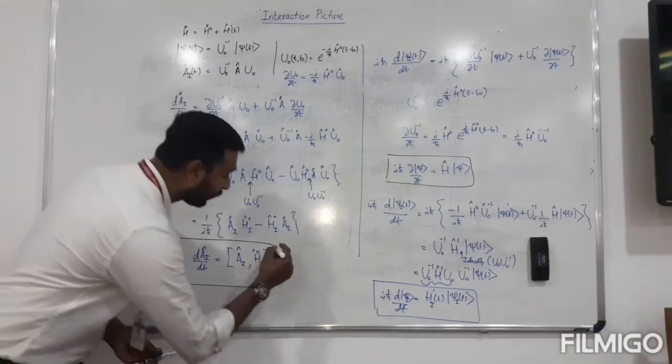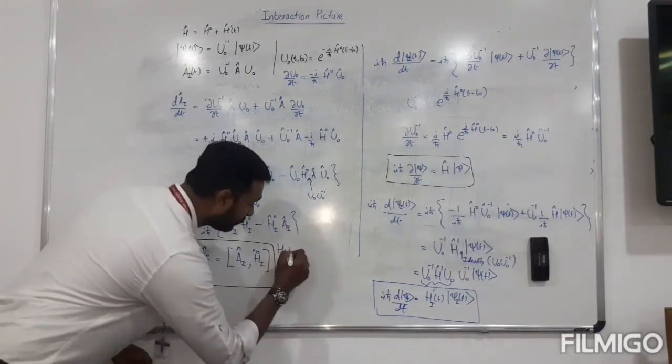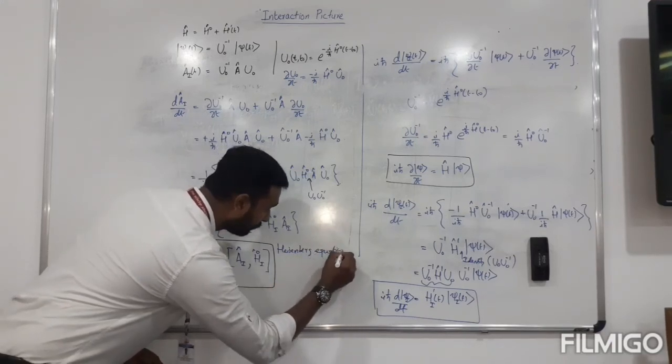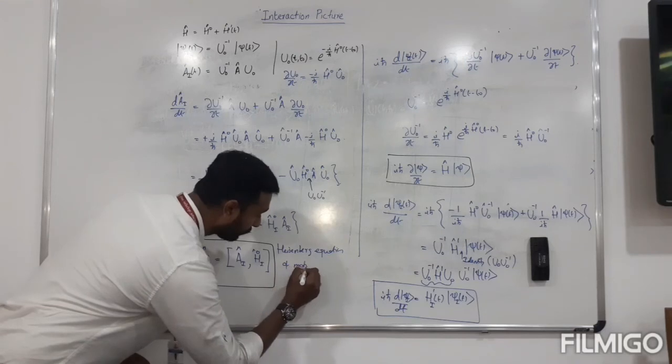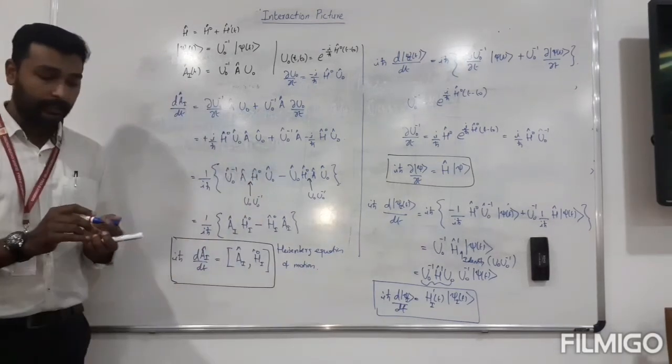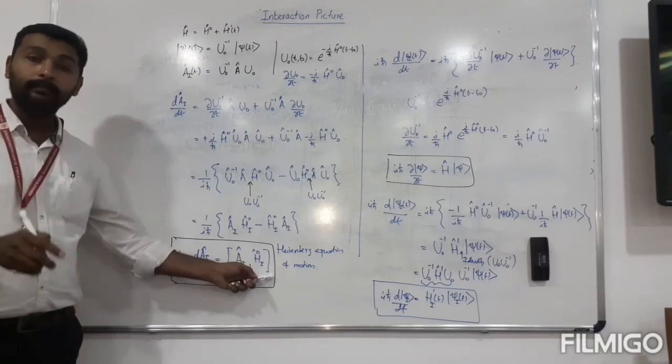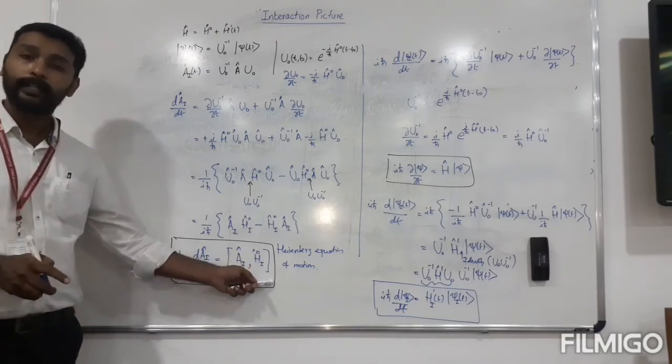So the time evolution of the operator corresponds to the Heisenberg equation of motion, and it is connected with the commutator between the operator and the time independent part of the Hamiltonian in the interaction picture.